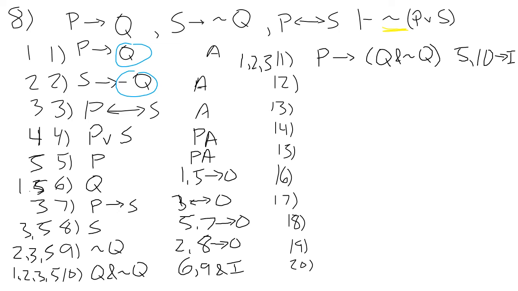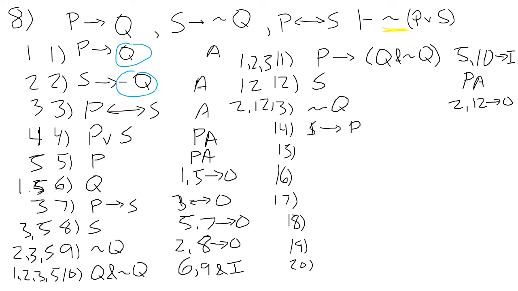But we'll assume S, which is our other disjunct. And then we'll look to prove Q and not Q, which we can get not Q from 2 and 12, arrow out, 2 and 12. Then we can do our biconditional out to get the other version, 3, double arrow out, 3.